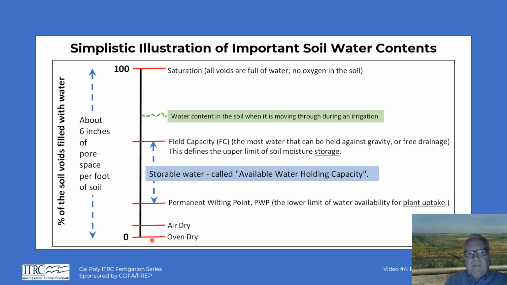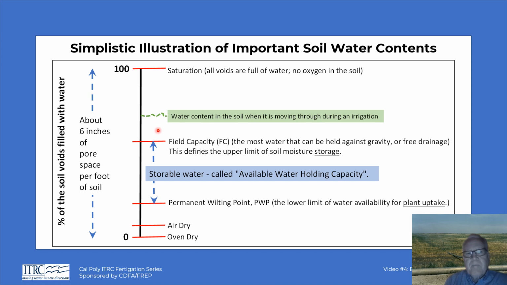So again, we have different names we call things. Oven dry is just dry. Air dry is pretty darn dry, but there's dust, but it still has some moisture in it. Permanent wilting point has more moisture, but it isn't doing the plants much good. Field capacity isn't the upper limit of water use. All it is is the upper limit of water storage.